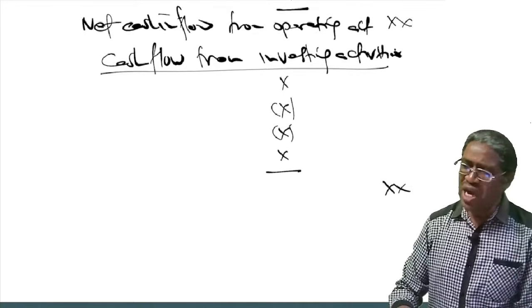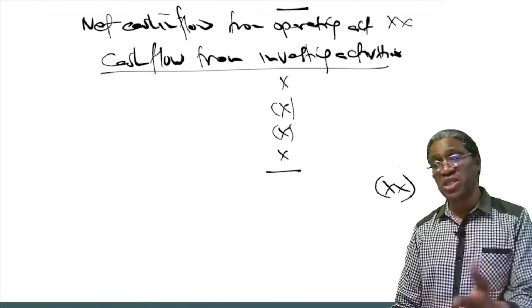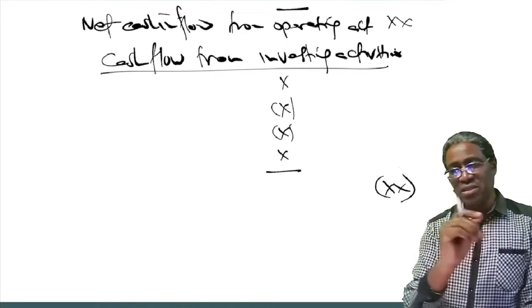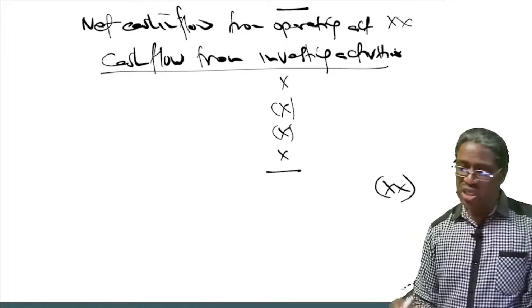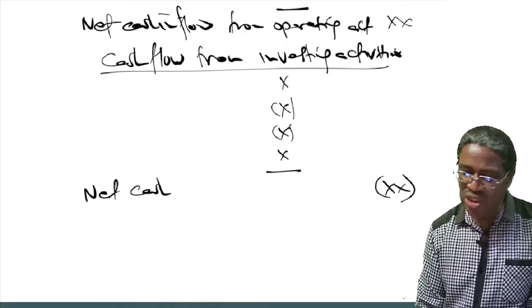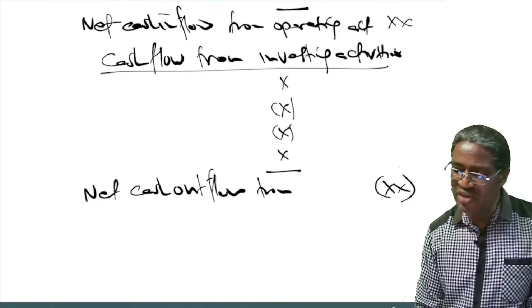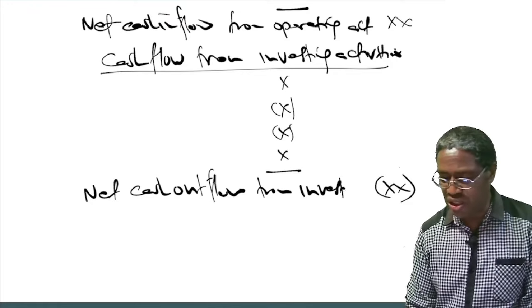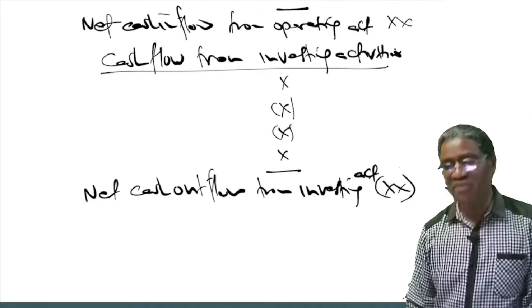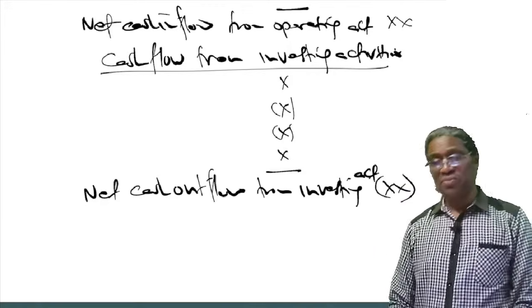For now, let me assume my negatives were more, so I got a negative net amount. If it's negative, you used to call it net cash outflow from investing activities. So that's all about the second class of cash flows.